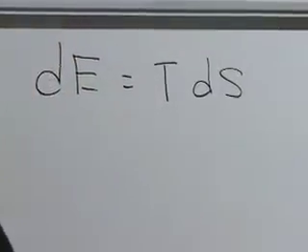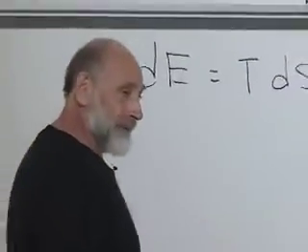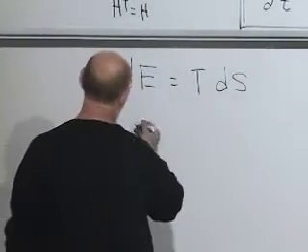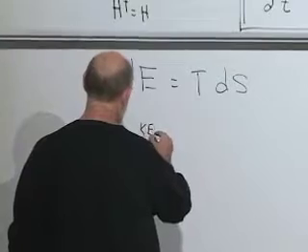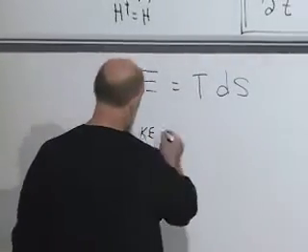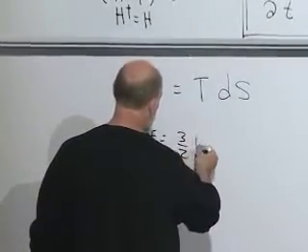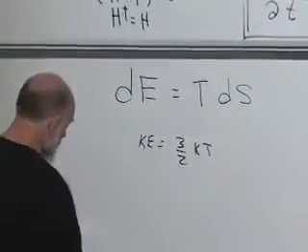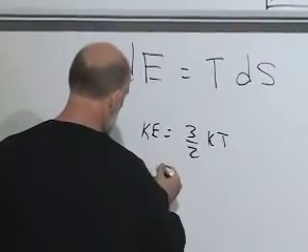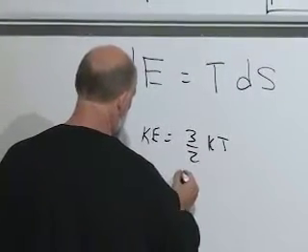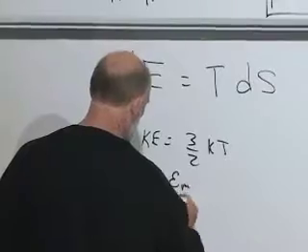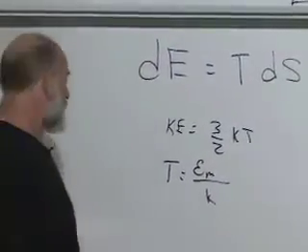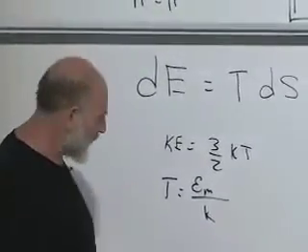Another equation is that the kinetic energy of a particle in a gas is 3/2 kT, where k is Boltzmann's constant. So the temperature always has units of energy divided by Boltzmann's constant. The units of Boltzmann's constant are energy divided by temperature.